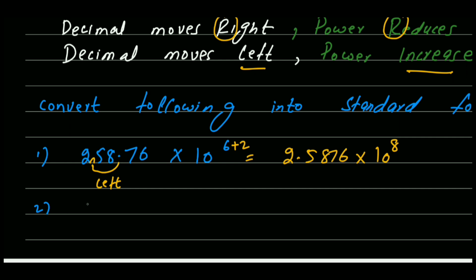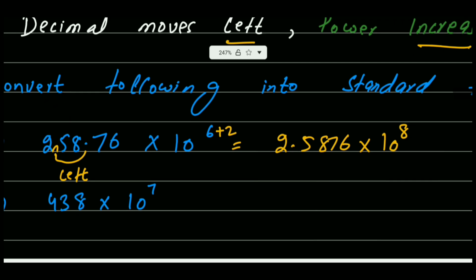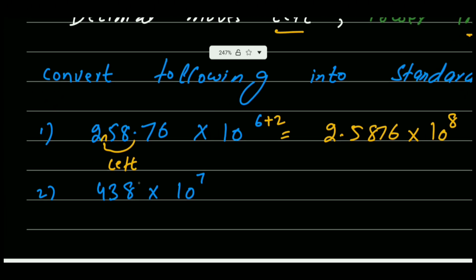Second example, 438 multiplied by 10 raised to power 7. Okay, so you can also see that this value is not within the standard form range, so our decimal should be after 4. In this part our decimal is after 8, because when there is no decimal, our decimal is at the end.